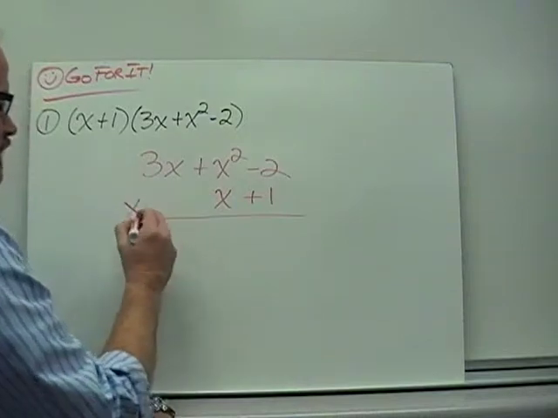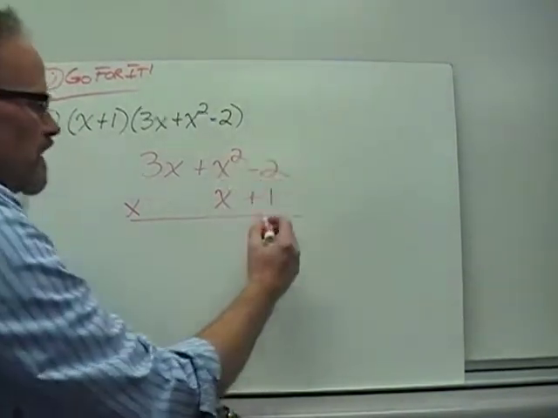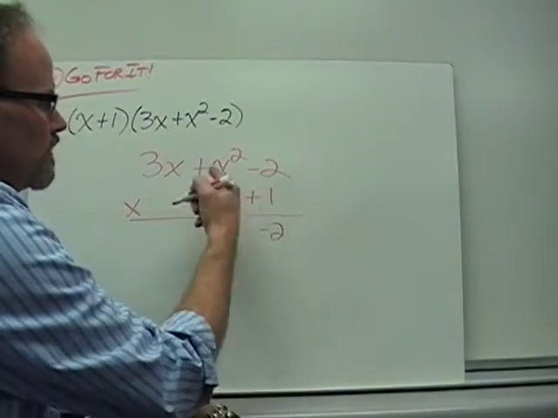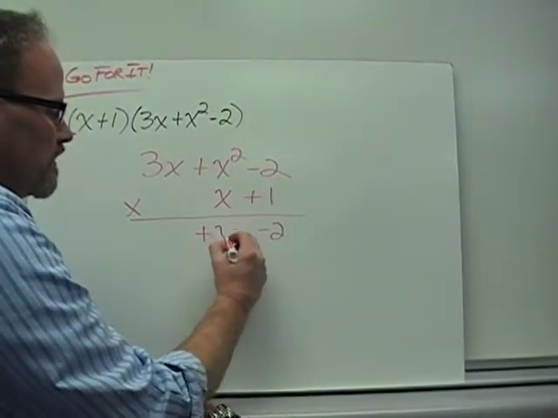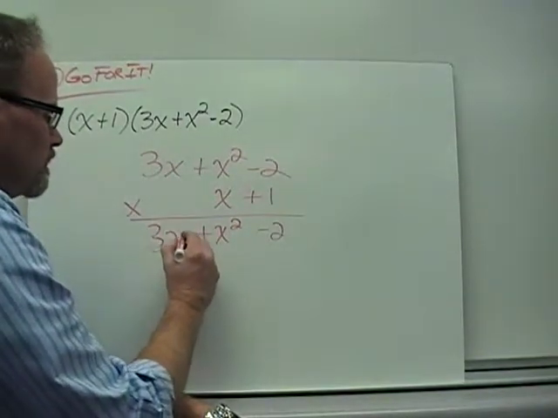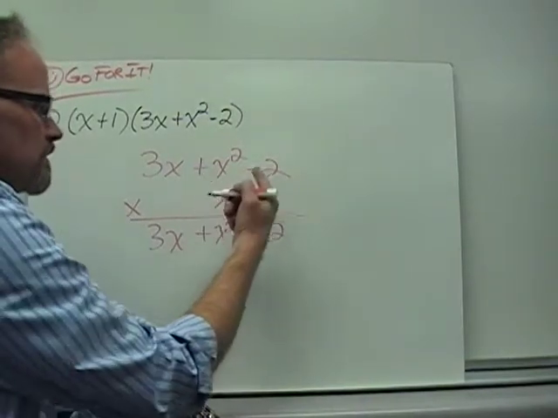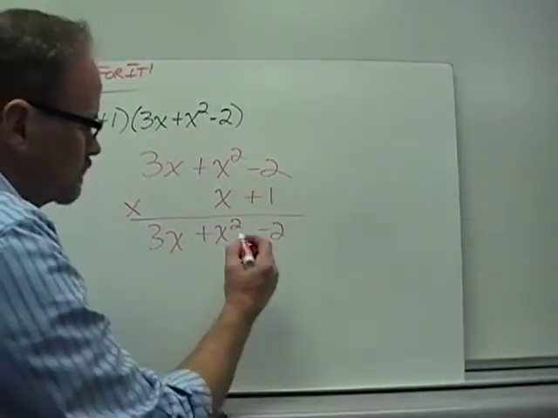And now I just do the multiplication. 1 times negative 2 is negative 2. 1 times a positive x squared is positive x squared. 1 times 3x. Wow, I could have just rewritten that whole thing right there. X times negative 2.